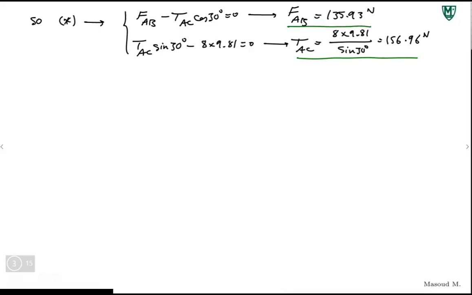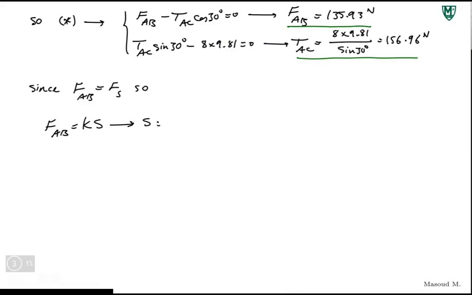Now, since FAB is equal to Fs, we can say FAB is equal to Ks.